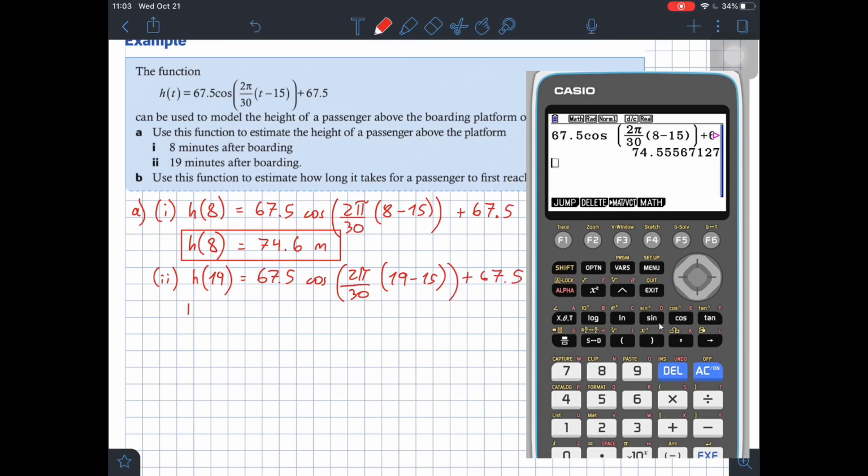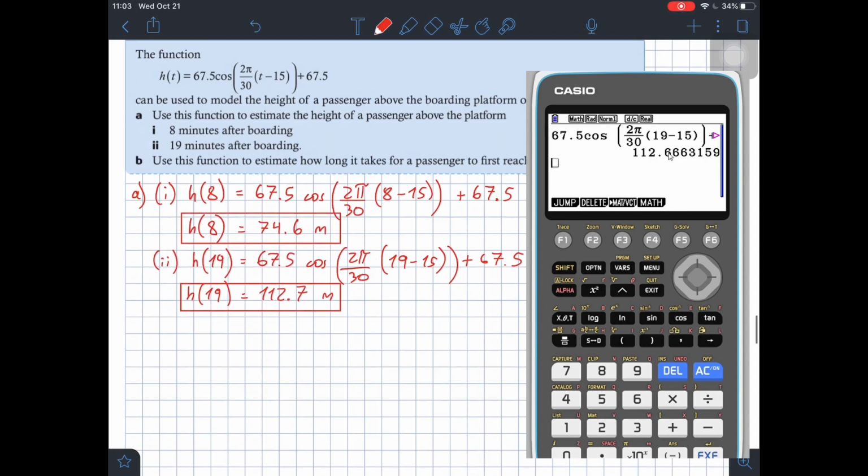So if we plug in that information in the calculator, we would just change the value of this 8 over here, and we're going to get, as a result, 112.7 meters, or 113 meters if we round this to three significant figures. Okay, so that'll be the answer for the second part of A.